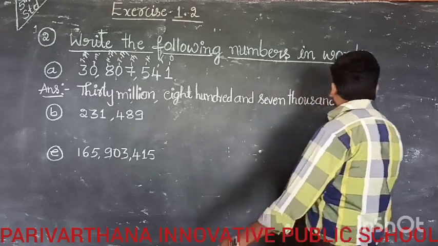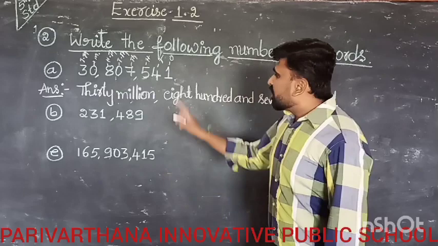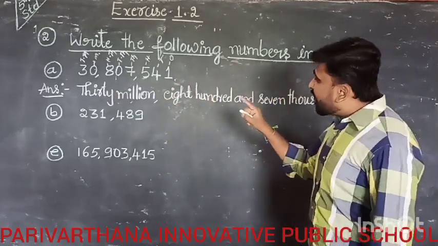Second group is finished. First group is finished, now the second group is also finished. 30 million, 800 and 7,000.